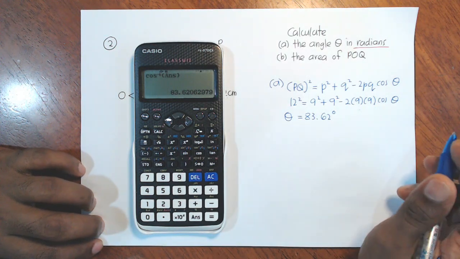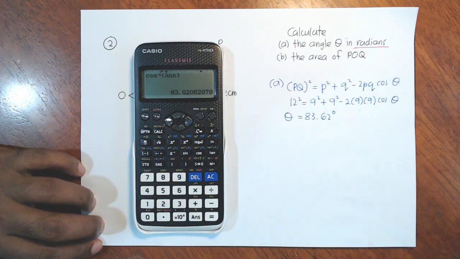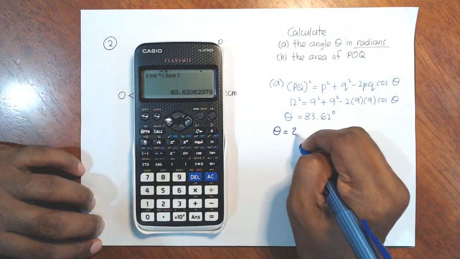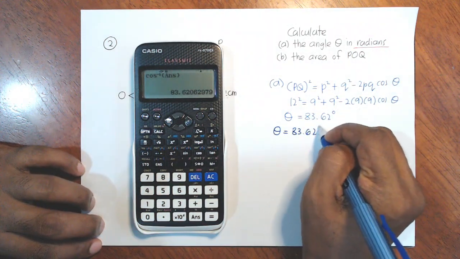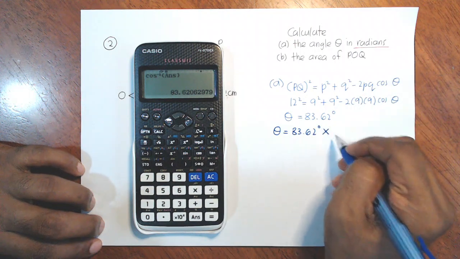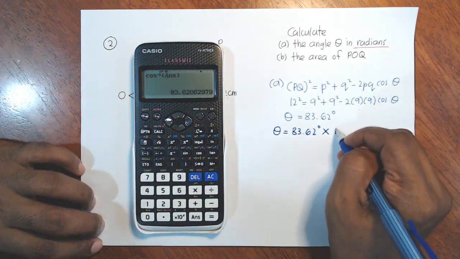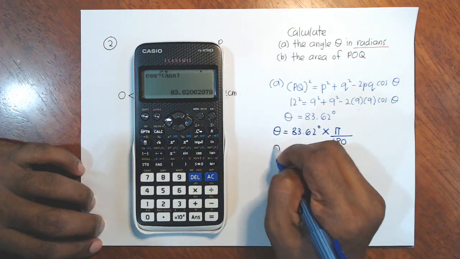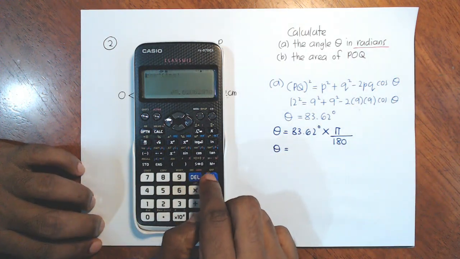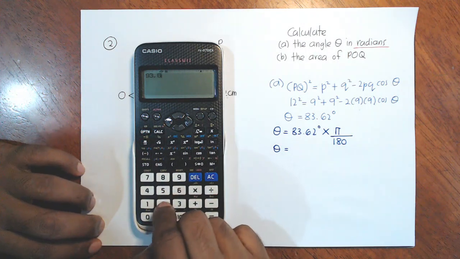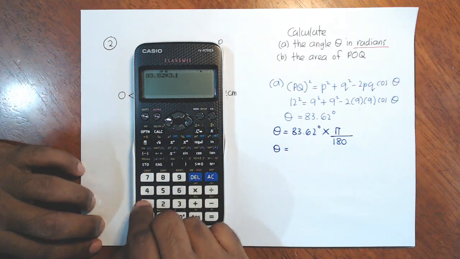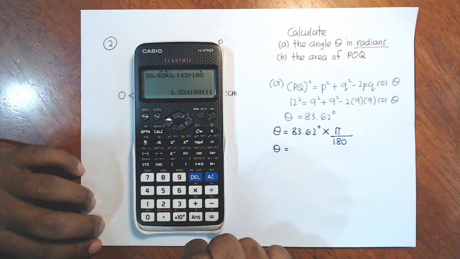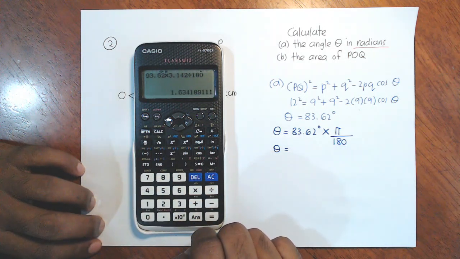How do you convert degrees to radians, right? So theta will be 83.62 degrees. Remember from earlier videos, you have to times by pi over 180. So theta will be 83.62 times 3.142 divide by 180.